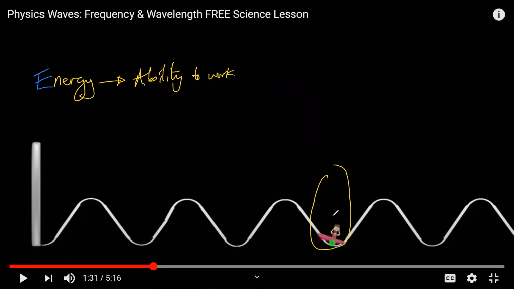And what we note is that the person is moving up and down, just like the water medium itself. But at the same time, we're seeing that the ripples are moving from one end going to the other direction.